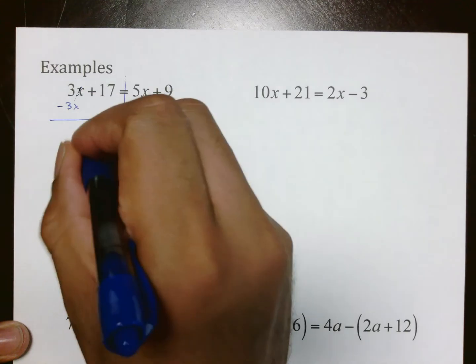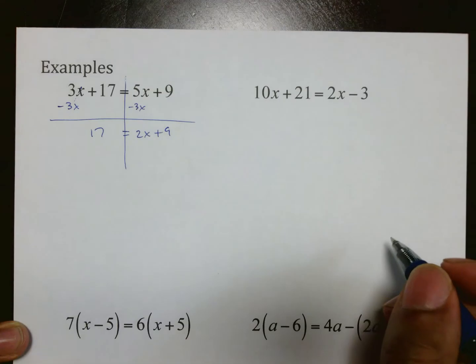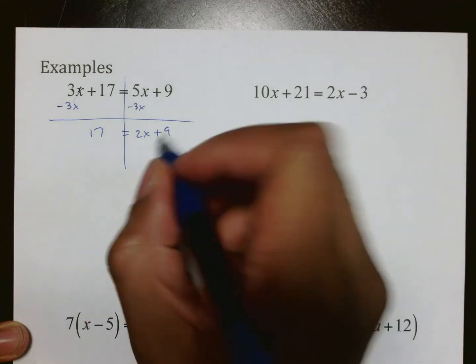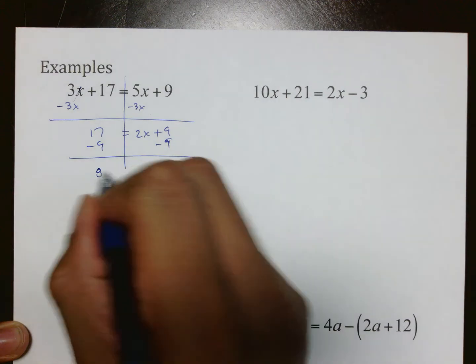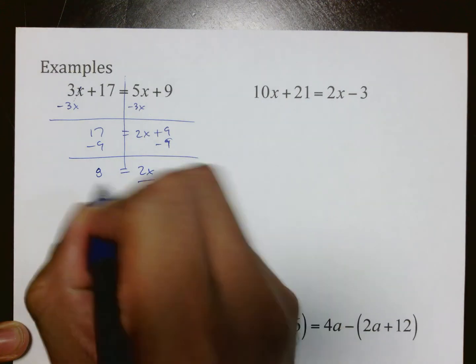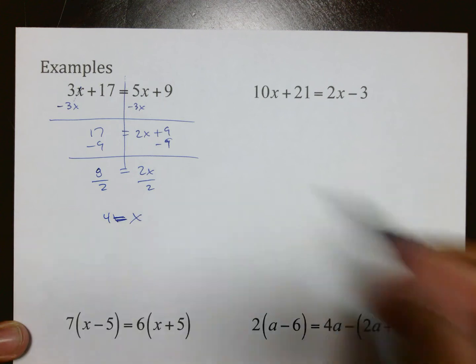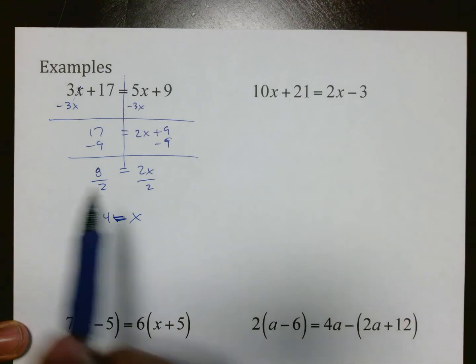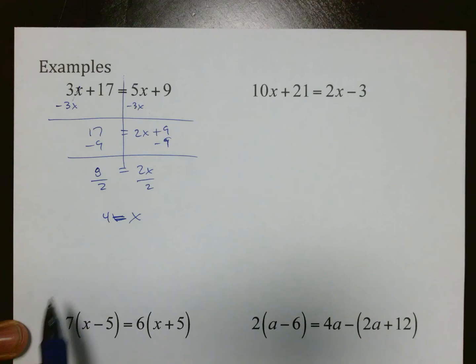These go away. 17 comes down with 2x + 9, and now we are what we would call home, where we would simply subtract 9 from both sides, getting 8 = 2x, and then divide by 2 to get 4 = x. Again, checking that, 12 + 17 is 29, 20 + 9 is 29. We know it worked.